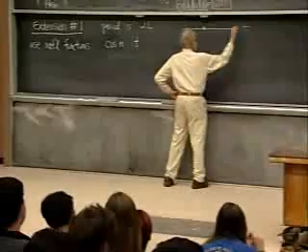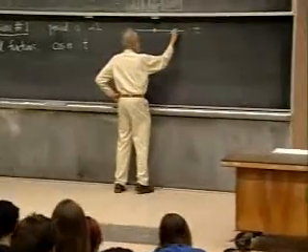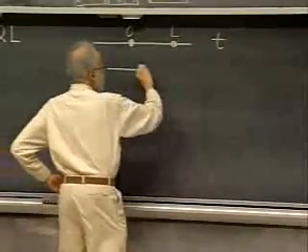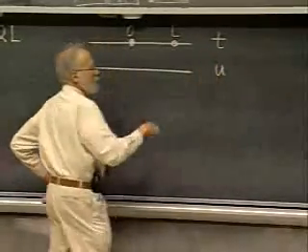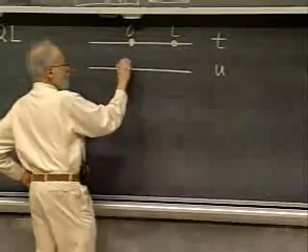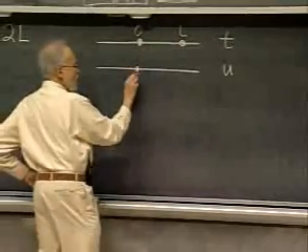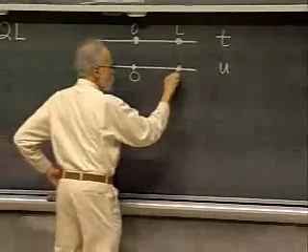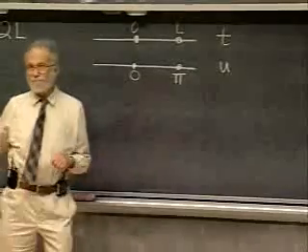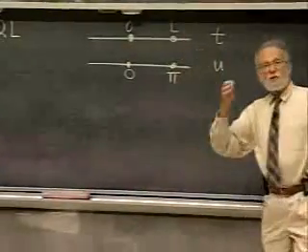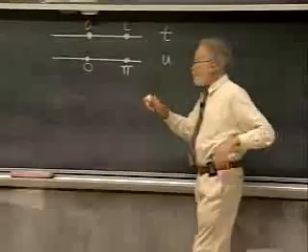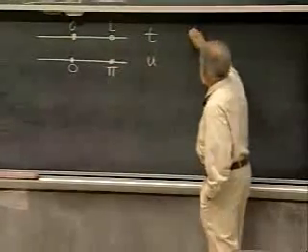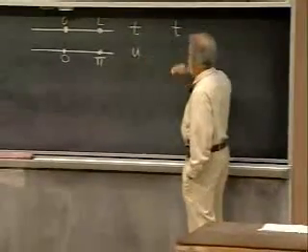If this is the t-axis, here is t, 0 and L. What you want to do is make a change of variable to the u-axis where you keep the axis the same. This is still the point, but L now on the u coordinate has the name pi. I'm just describing a scale, a change of variable on the axis. What's the one that does this? Well, when t is L, u should be pi.